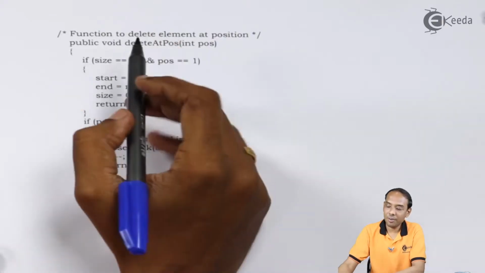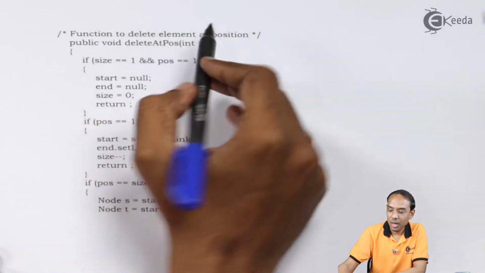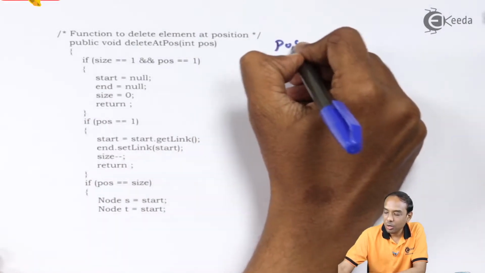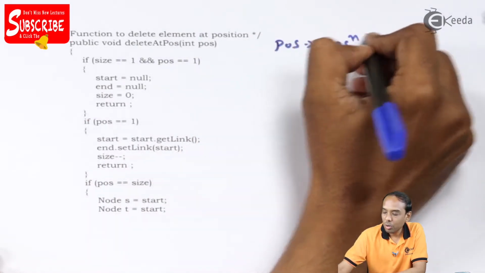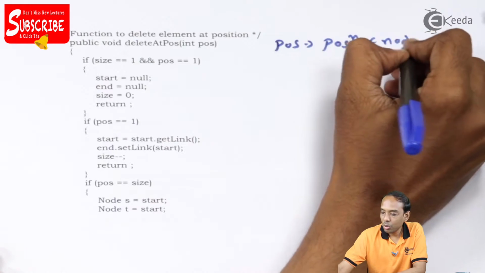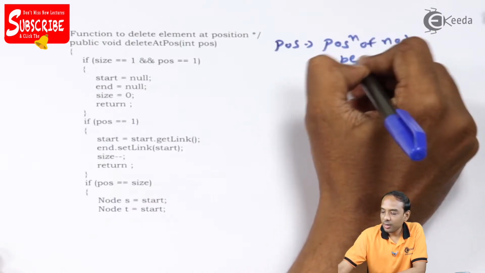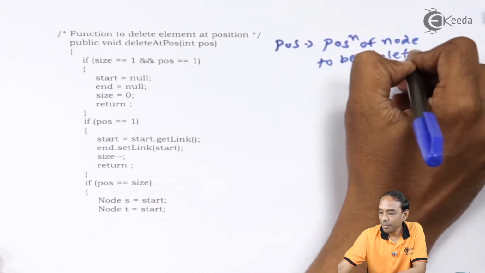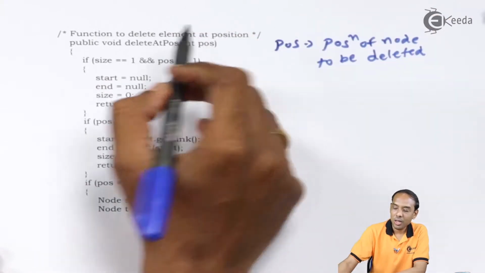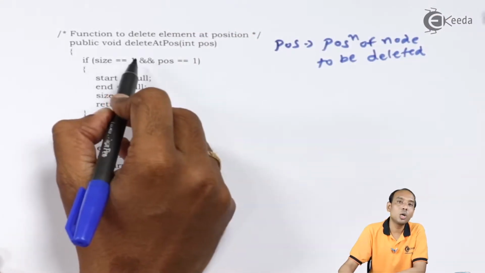I've defined a function called delete at position. I'm taking the pos value, that is the position of the node to be deleted.